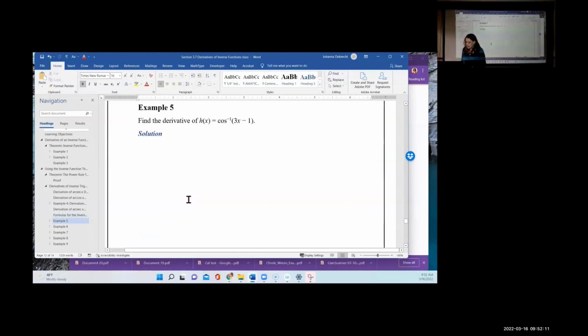Okay. So in practicing, what we want to take a look at first is the arc cosine of 3x minus 1. This is our first formula to look at. All right. So we're looking at this one, and I'm going to write down the formula for arc cosine, which you may have already forgotten.